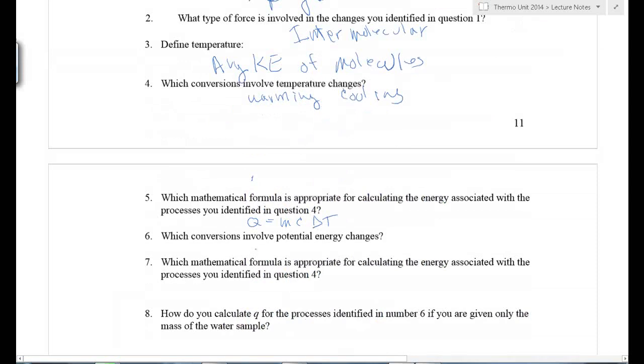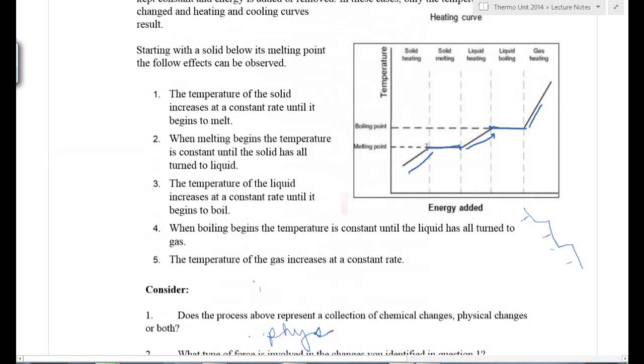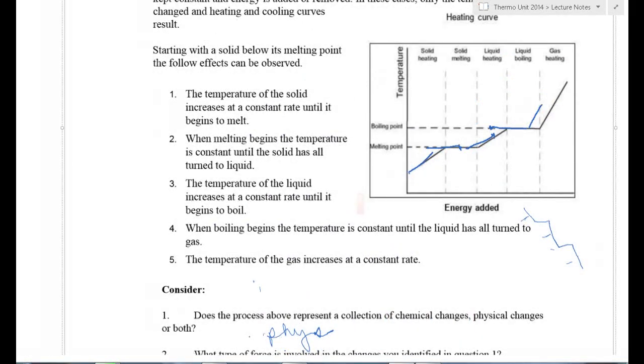So which conversions involve potential energy changes? The potential energy changes occur at the plateaus, right here on the plateaus, both on the heating and on the cooling.